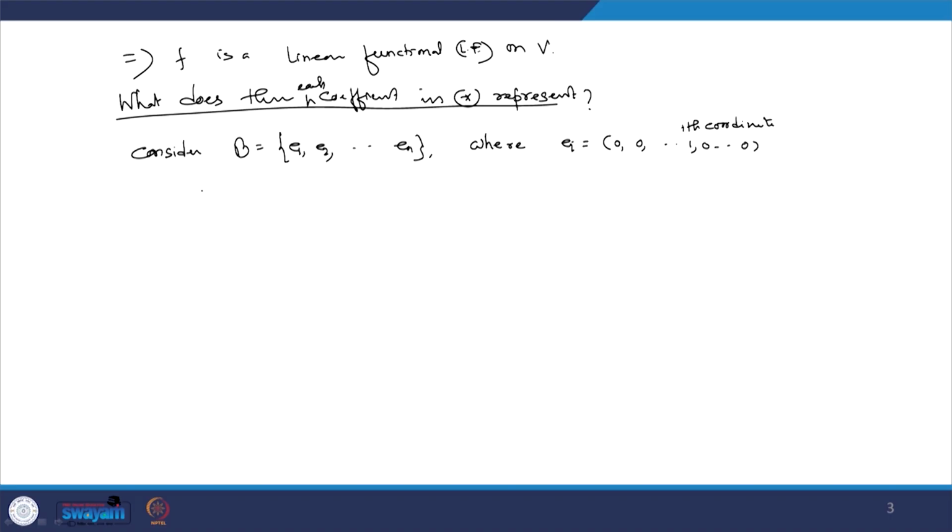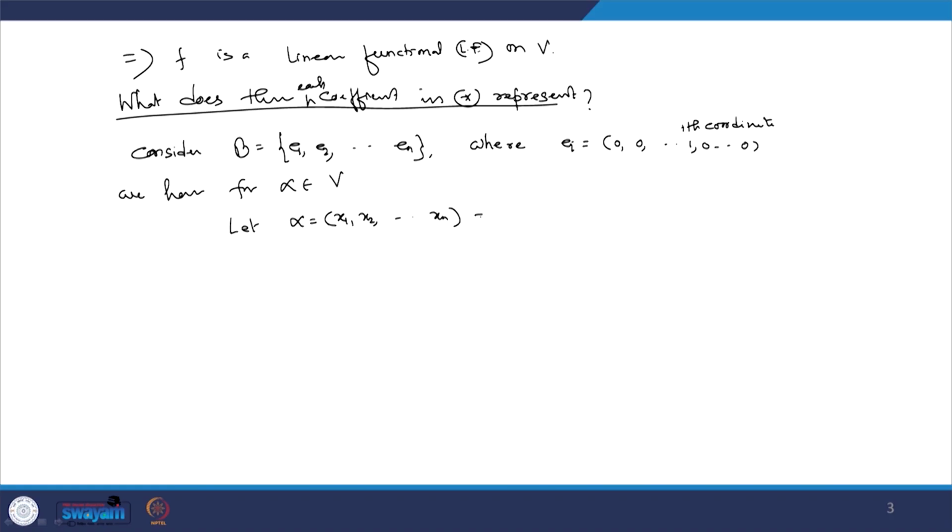Then for alpha belonging to V, I will be able to express alpha in terms of E1, E2, En. Let alpha equal to x1, x2, xn.